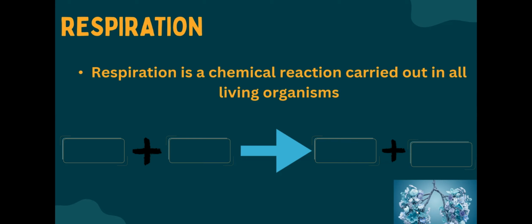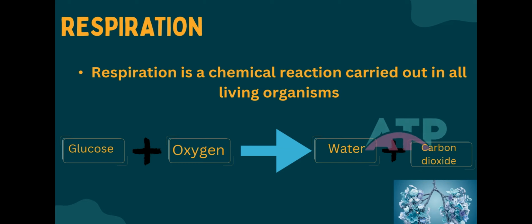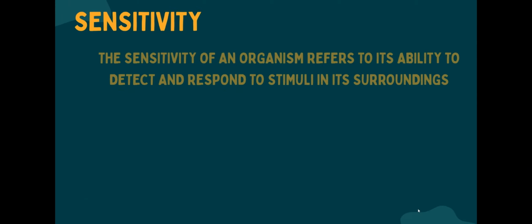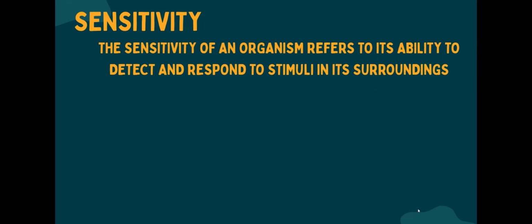In this reaction, glucose is burned with the help of oxygen inside your cells to produce water and carbon dioxide, and the master of this reaction is the ATP. We need the ATP.